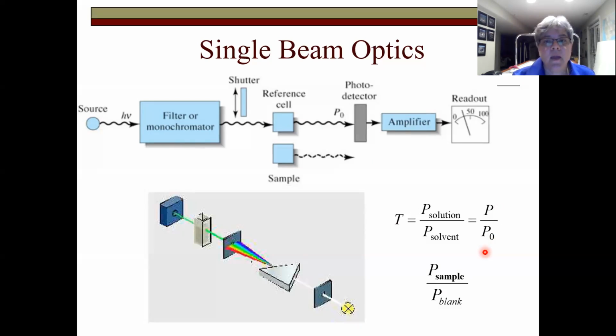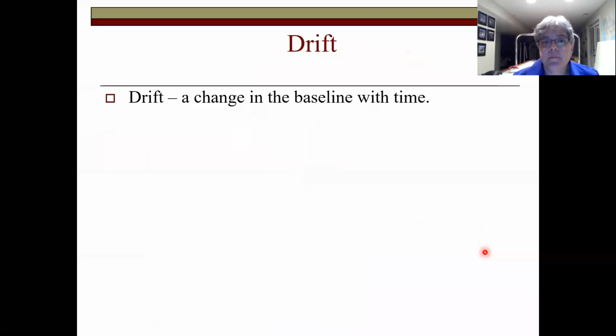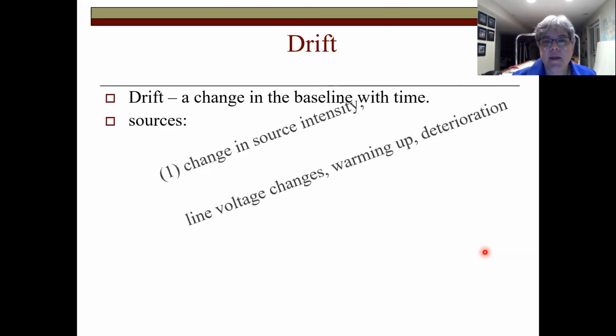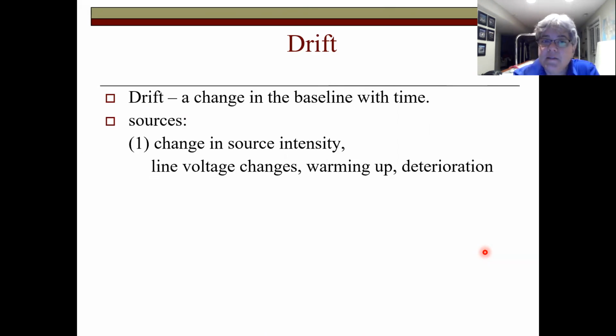Now, this was the first kind of instrument that was developed, but this kind of instrument had a big problem, okay, something called drift. So drift is a change in your baseline, a change in your reference with time. And there are several reasons why your baseline could change with time.